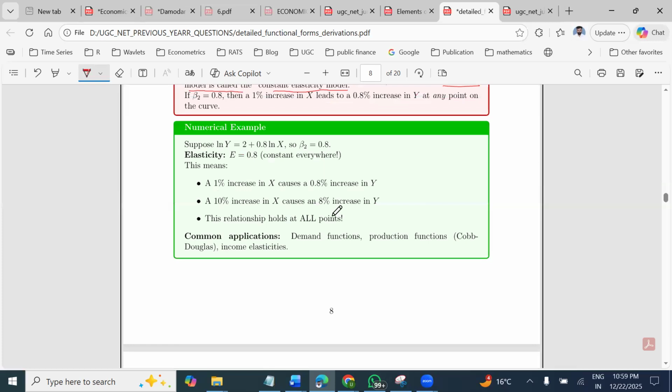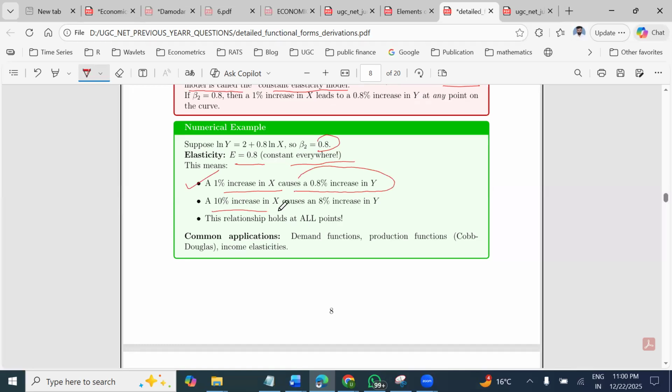Now let's see an example. y is equal to 2 plus 0.8 ln x. So beta 2 is 0.8. It means E is equal to 0.8. So it is constant everywhere. This means a 1% increase in x will cause a 0.8 percentage increase in y.